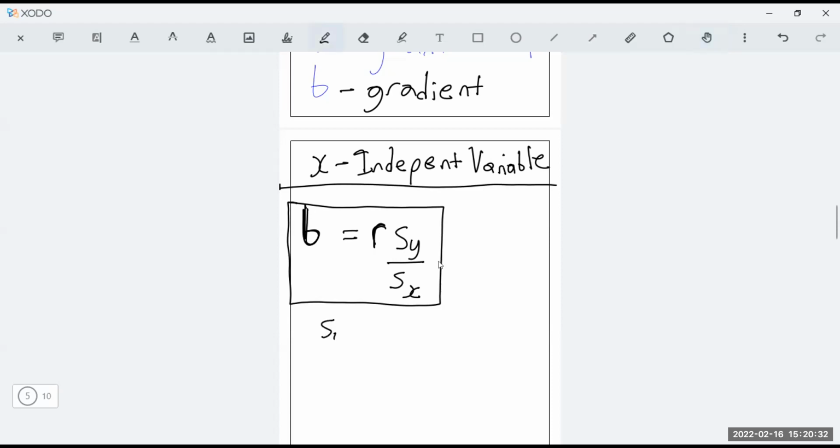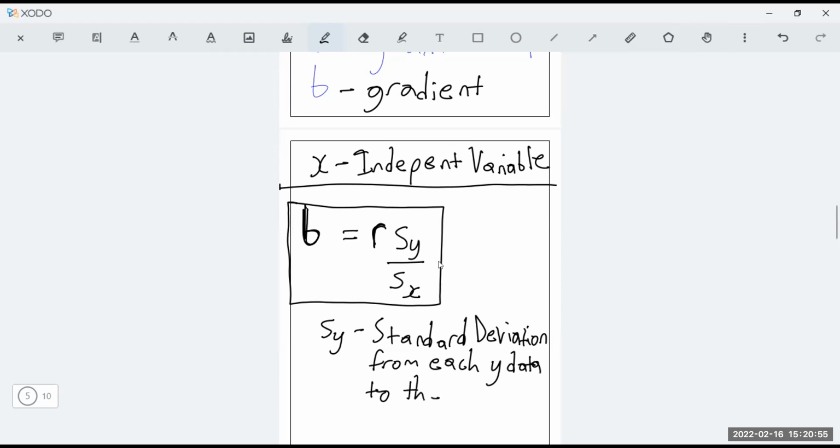Where SY is the standard deviation of Y, meaning the standard deviation from each Y data point to the line of best fit.